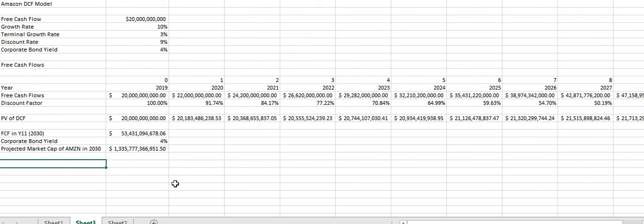So what we're going to do here is get the present value, and we're going to call this the present value of the terminal value. So projected market cap can also be called the long-term value of the company.